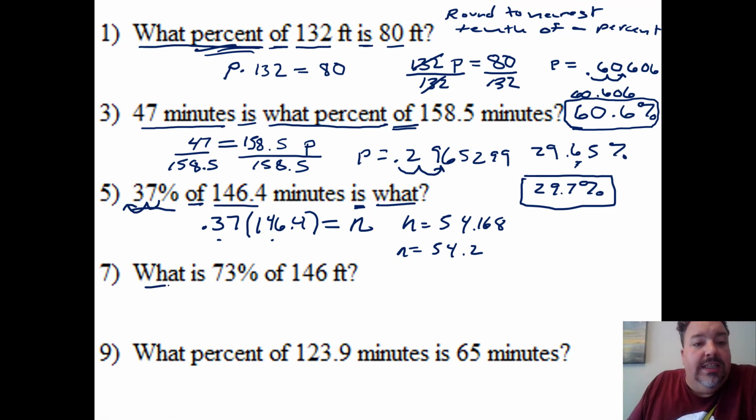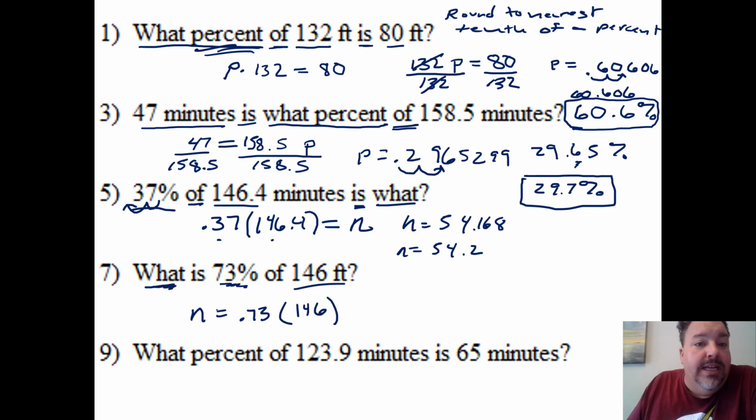Number 7, what is 73%? So here it just says the word what. But since this already has a percent here, this means that the what is probably just a number. So what number is 73%? We're going to turn that into a decimal. Of means times 146.